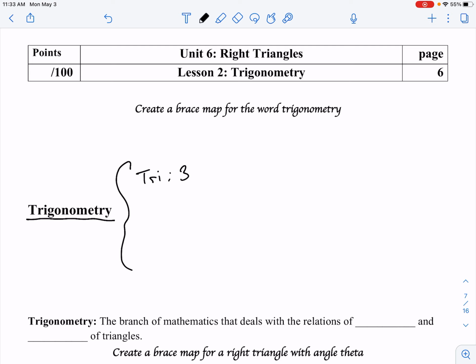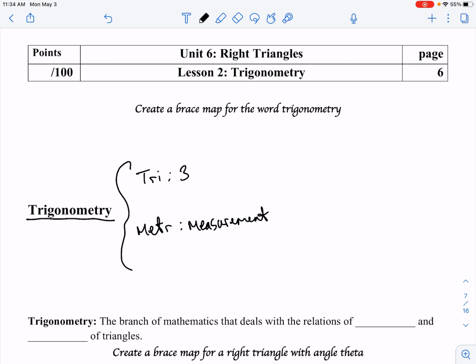Then at the end I see metr. If I were to keep spelling this, like metric, it is a unit of measure, or to measure. So three and then measurements.